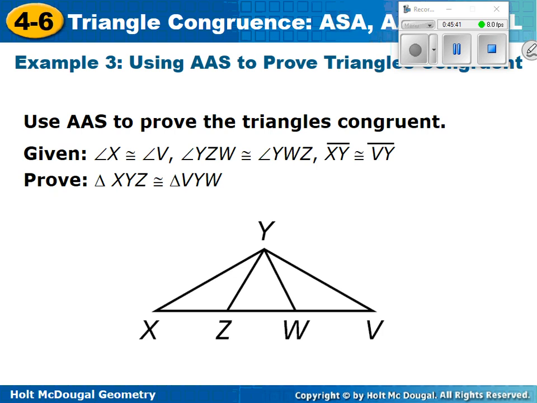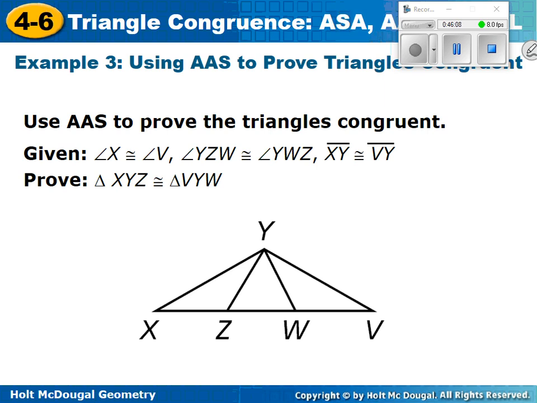Moving on, number 2, angle YZW is congruent to angle YWZ. Given. Then come over to your picture and mark those angles. YZW. I can't mark it in this one, but I can mark it up here in the big one.